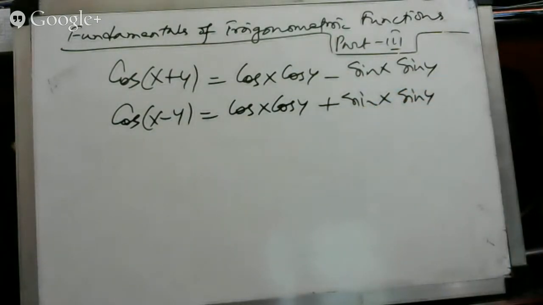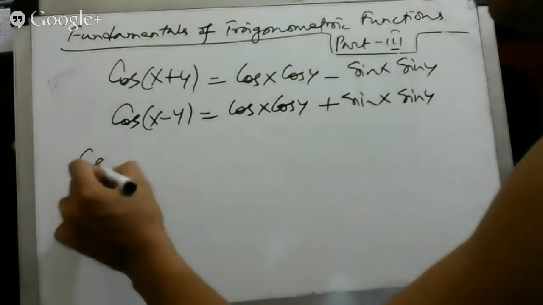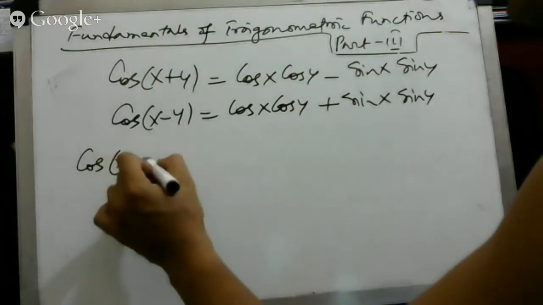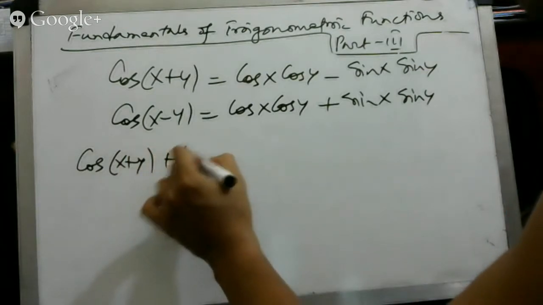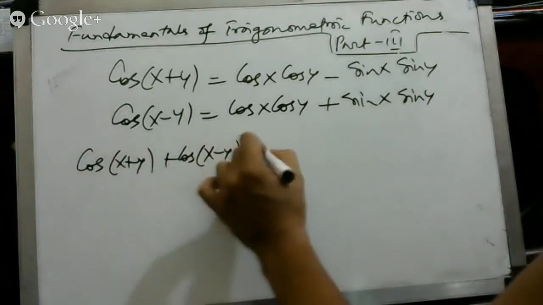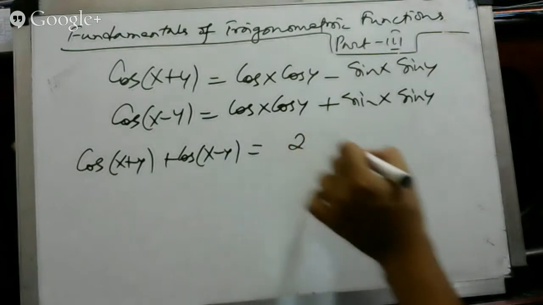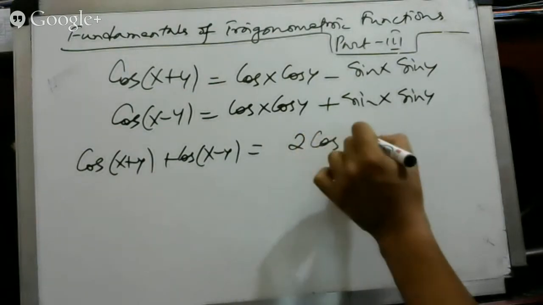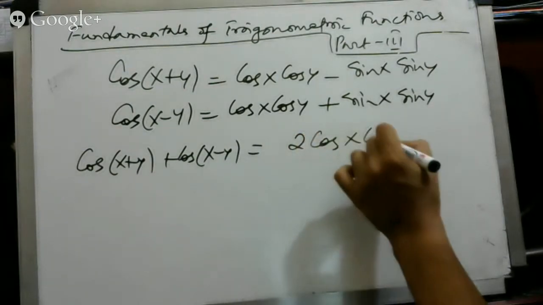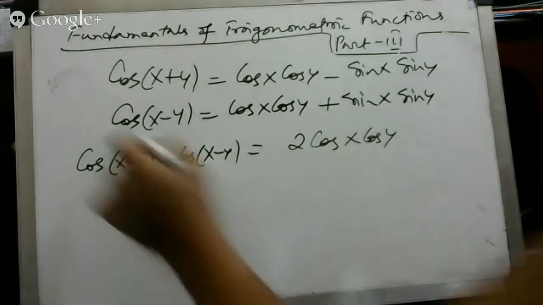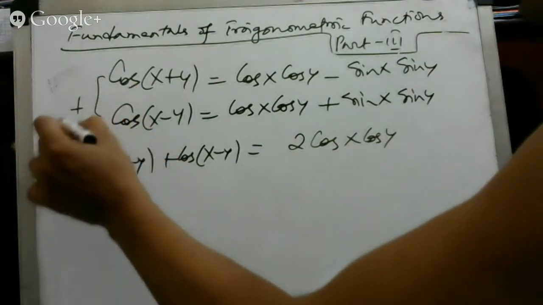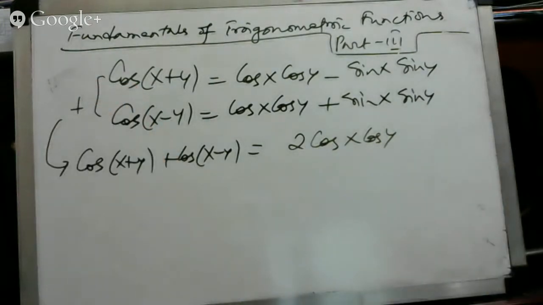Okay. Now if we add this, cos of x plus y plus cos of x minus y, we get 2 cos x cos y. So if we add this, this gives this.